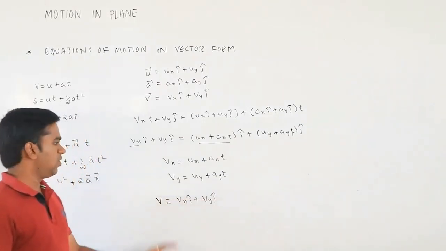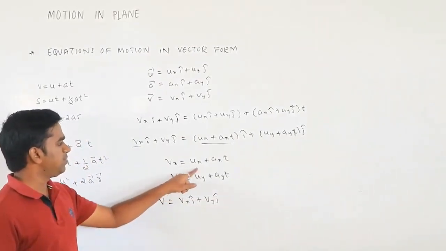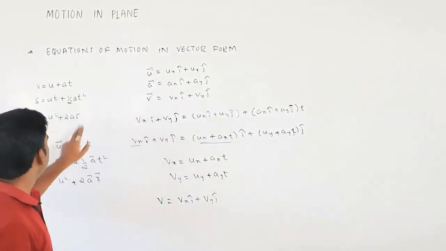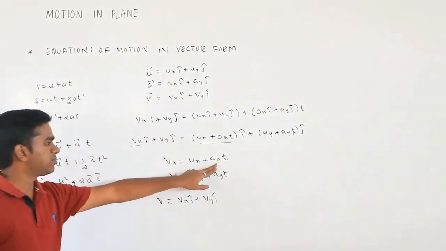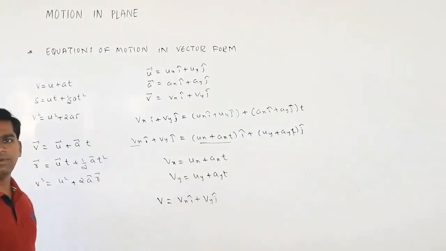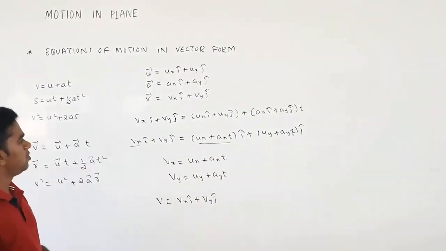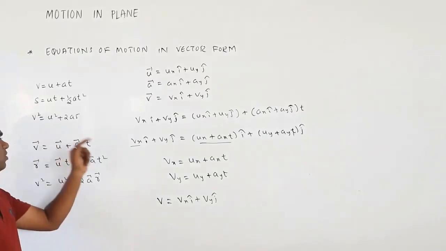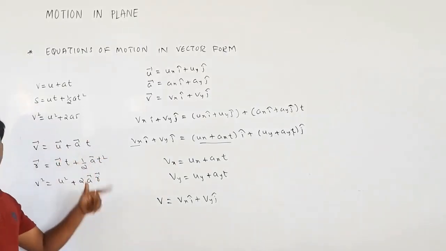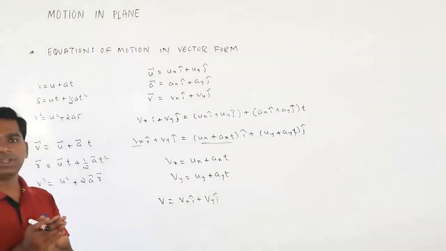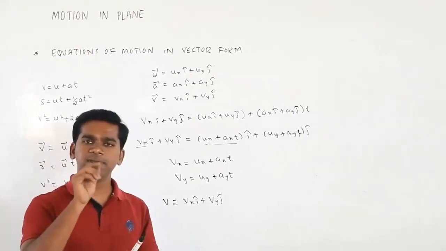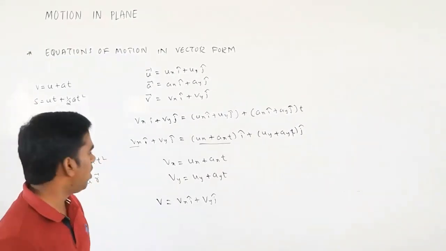For that you have to find vx and vy separately with the help of the same formula, u plus at: ux plus axt and uy plus ayt. So you should be able to write your equations of motion in terms of vectors also. What is your ultimate aim? Ultimate aim is to find their x and y components.